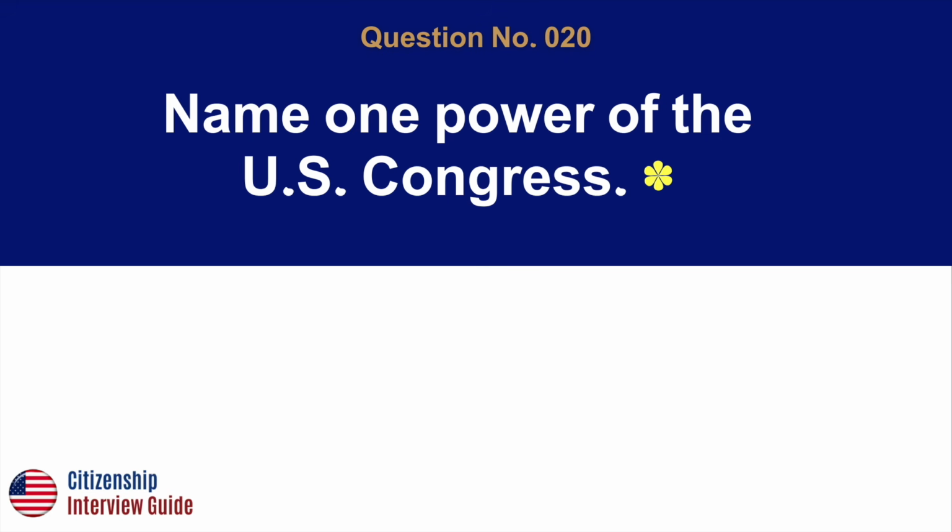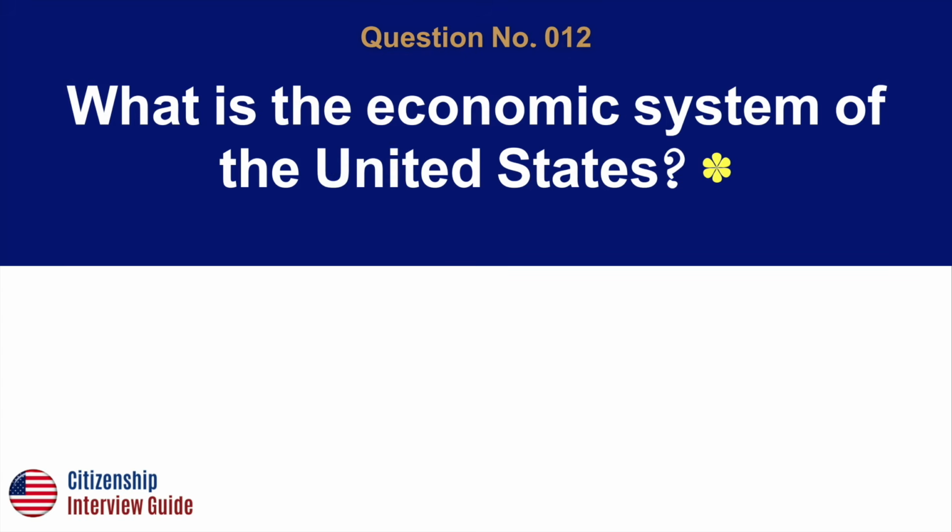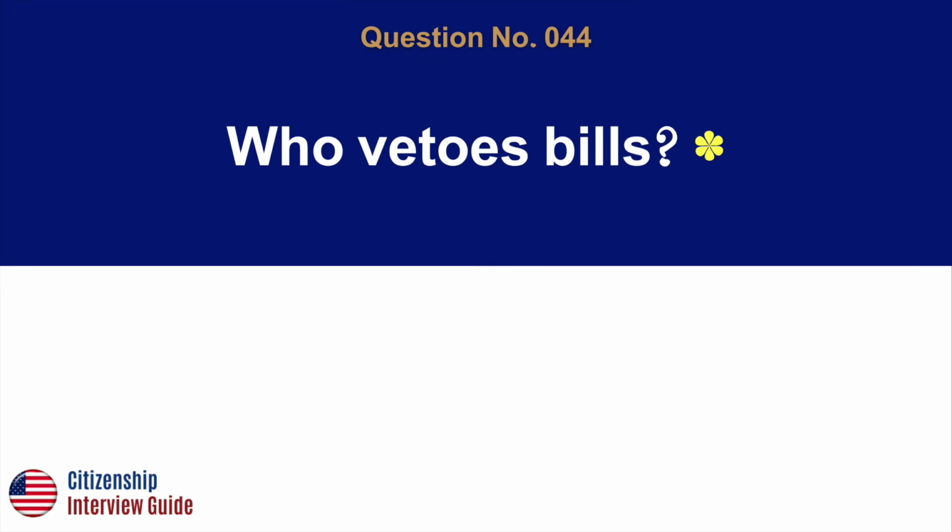Name 1 power of the U.S. Congress. Rights laws. What is the economic system of the United States? Capitalism. Who vetoes bills?